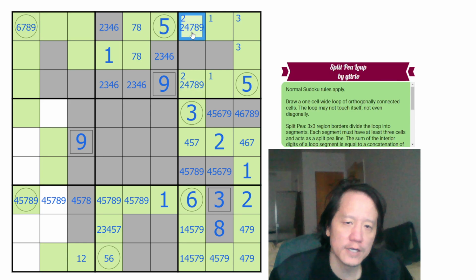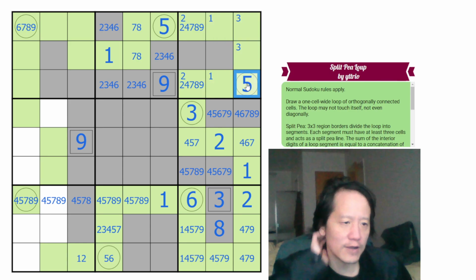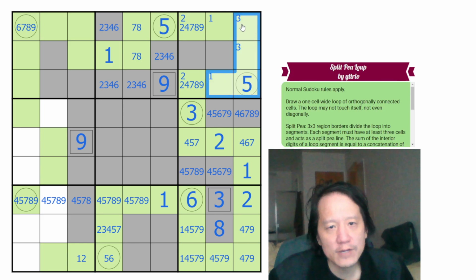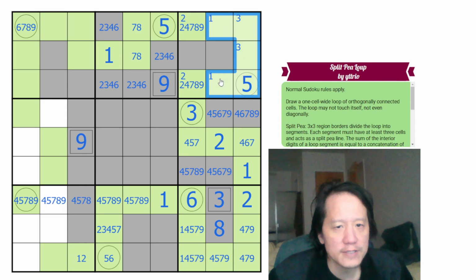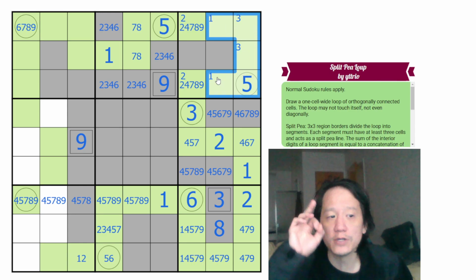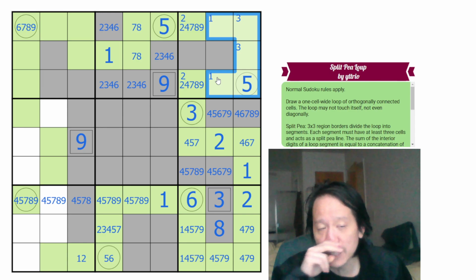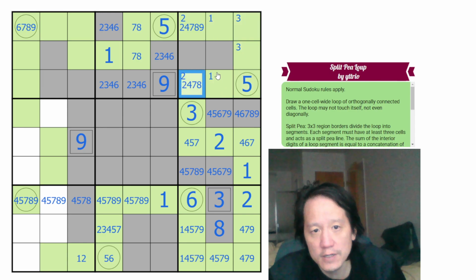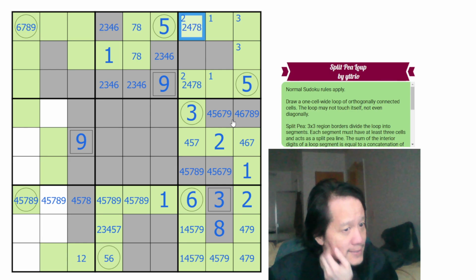If it's 29, is that even possible? No. Because we have a 1 already here, we have a 3 already here, and we have a 5. If it's 29, this would have to add up to 29, and we know it already adds up to 9 with 3 digits. So then you have 2 digits adding up to 20, which is not possible. So this cannot be 29. Can it be 28?